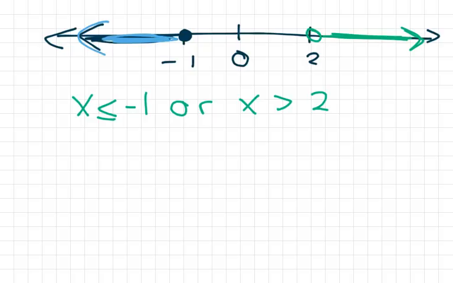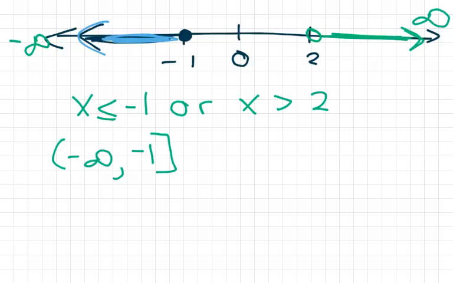Interval notation would be, we're going from negative infinity, this is infinity on this side, negative infinity, comma, negative 1, closed bracket, unites, or union, with 2, and 2 is open interval, so we're going to do open 2, comma, and then it goes all the way to infinity.